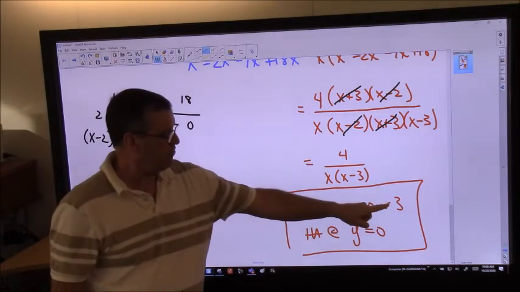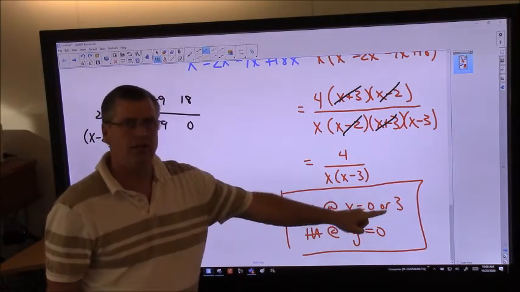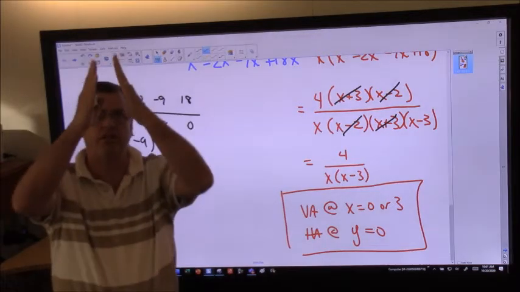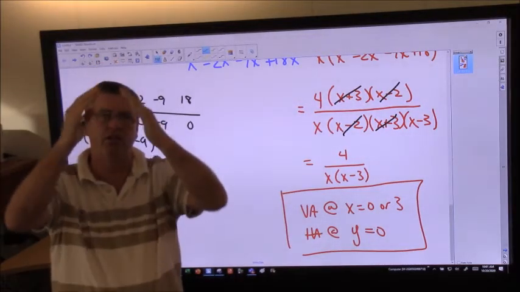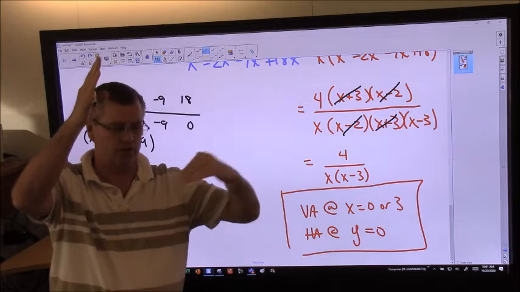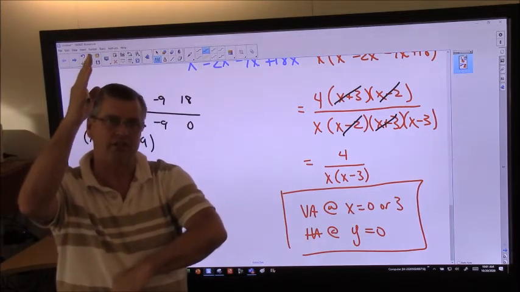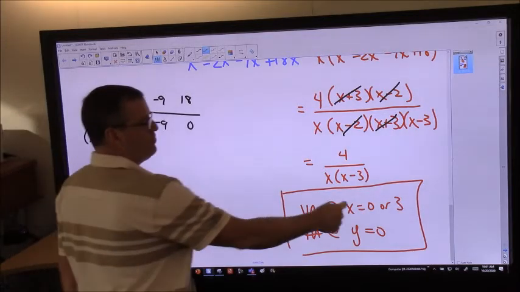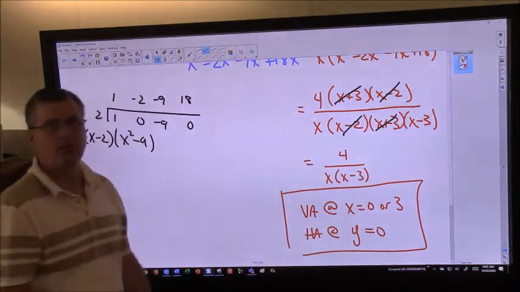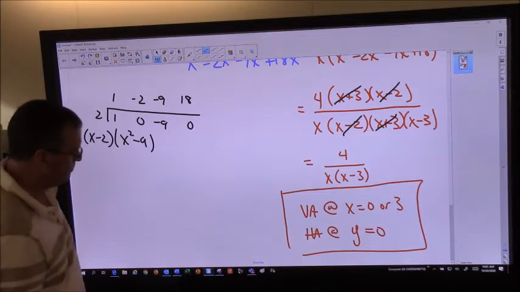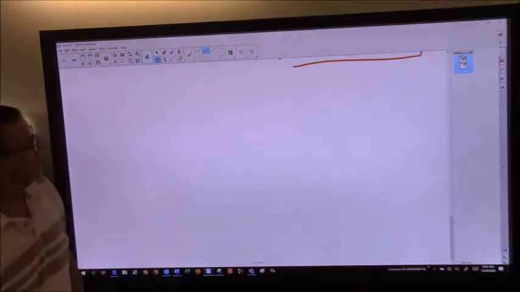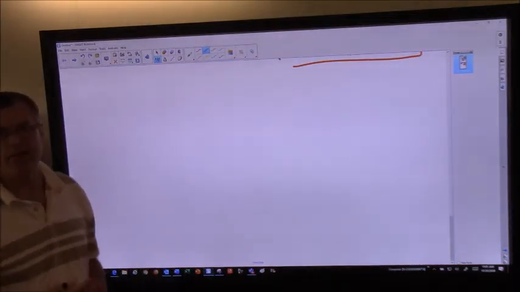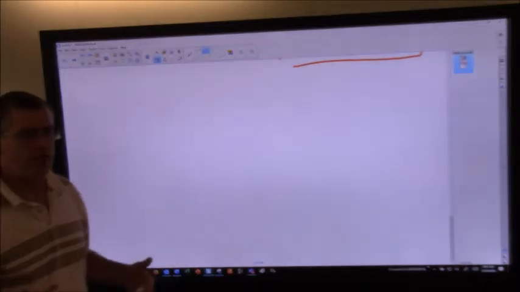As x gets close to 0 or 3, we could have a situation like this where they both go off to infinity, or we could have a situation where one side goes to infinity, the other goes to negative infinity. Okay? But we still have this idea of, as we get really close to a number, what's happening to the y values. Okay? We're also going to see some other limits that may have infinity for answers. This chapter is really called Limits at Infinity, okay, or Limits of Infinity.